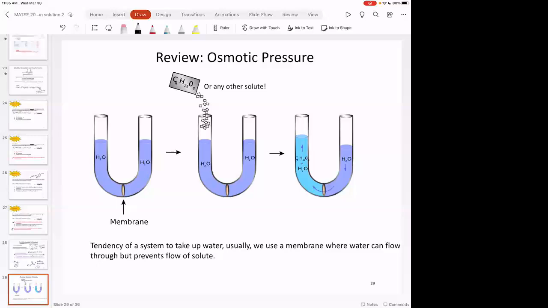So we just want to make sure that we're up on what happens when we put electrolytes in water. In this situation, let's say we have a semi-permeable membrane or some separator between two different compartments in pure water. What is the delta G of this system? Zero. It's at equilibrium. Why is it at equilibrium?